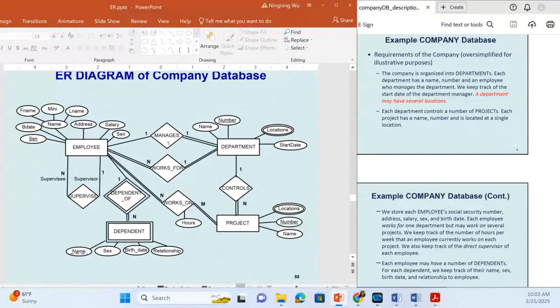So these are basically two identical designs. The only difference is that they use different notations for relationship constraints. So when you design, you just pick one of those notations.